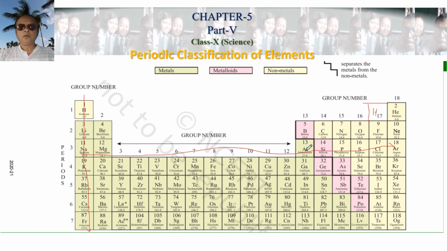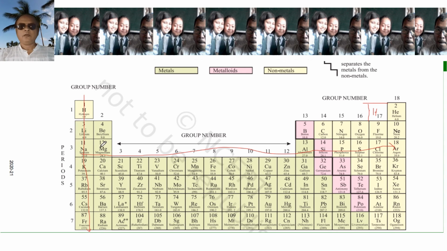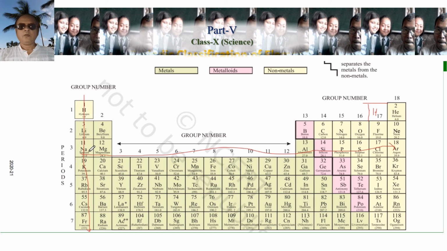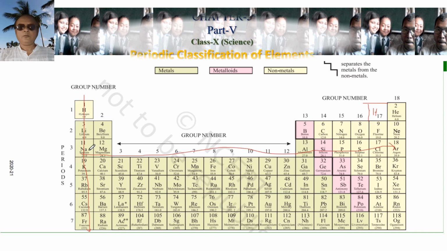Likewise, aluminum has 13 protons and 13 electrons. The attraction between the electrons and protons in magnesium is less than in aluminum, and so on. Due to this attraction, the size of the atom will decrease.